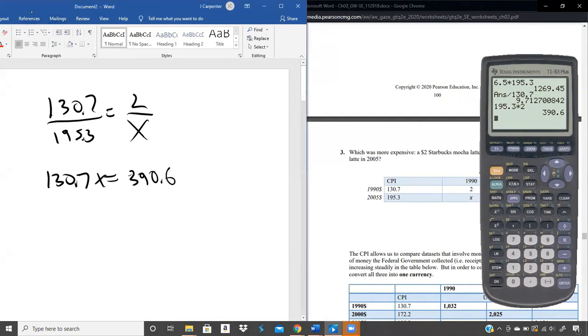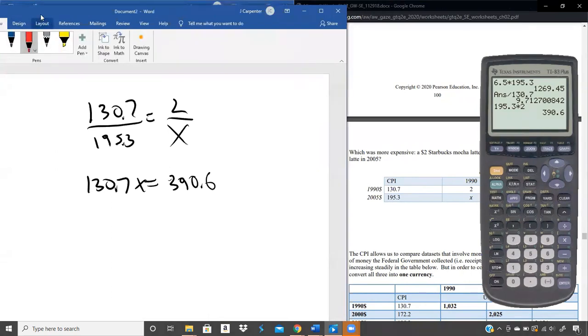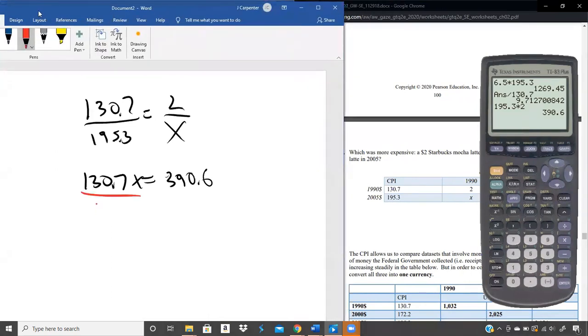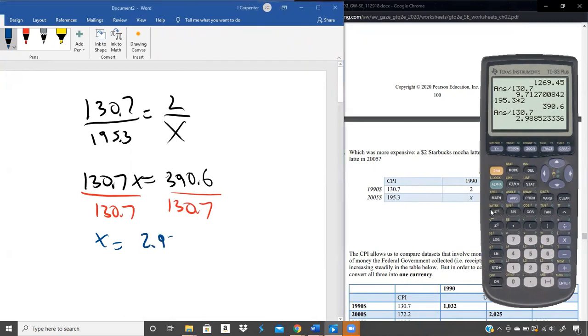Then you divide both sides by 130.7 to give us x equals 390.6 divided by 130.7. We get x equals 2.988. So rounded to the nearest penny would be 2.99.